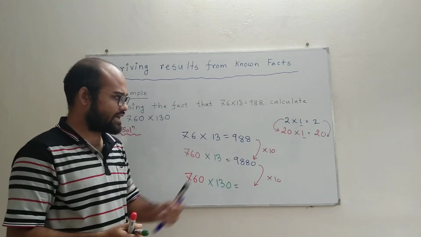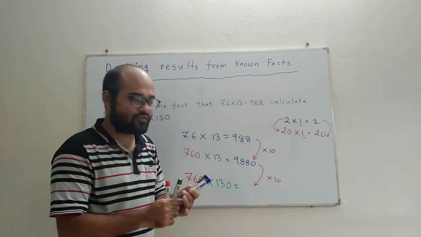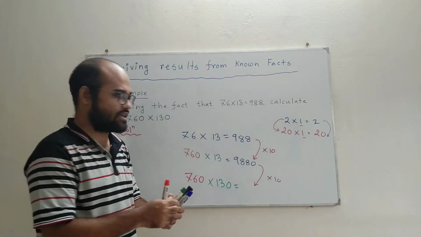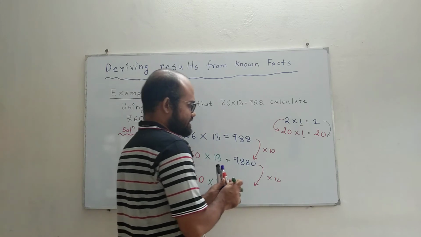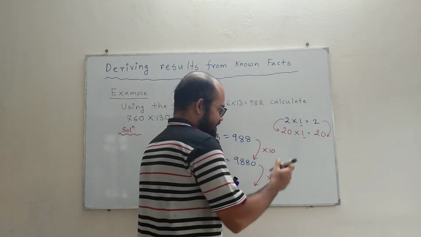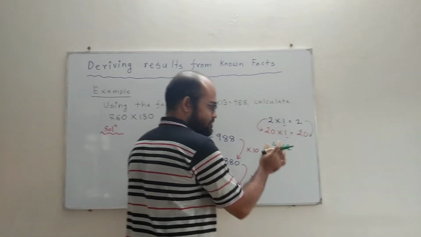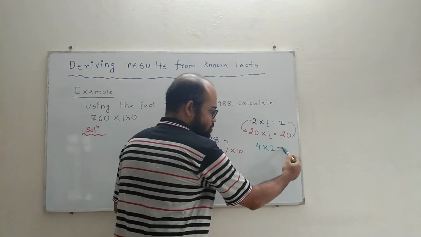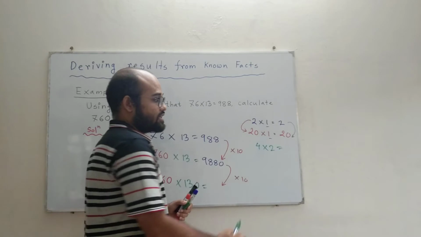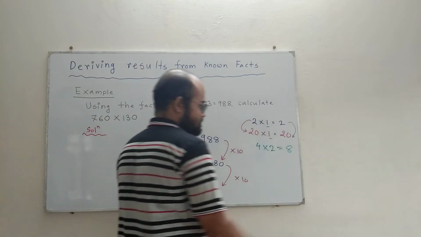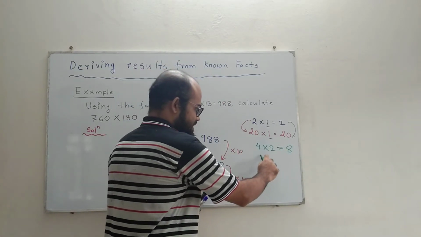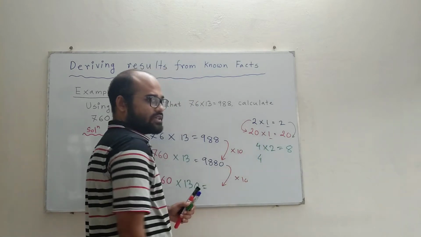In order to answer that, let us again take the help of a simpler example. What is that simpler example? Let us suppose that I have two numbers, 4 times 2. When multiplied together, what do I get? I get 8. In the next line, I will keep the multiplicand unchanged.